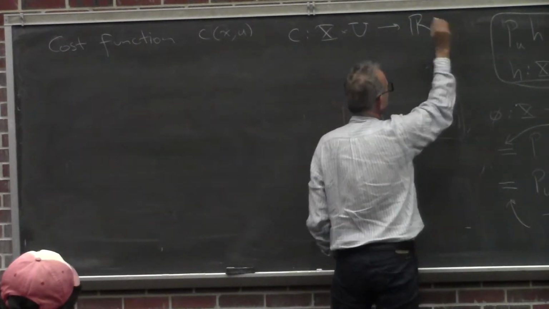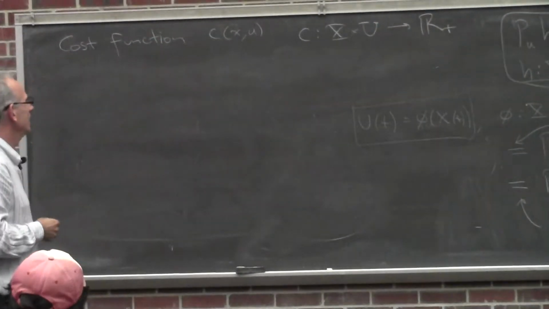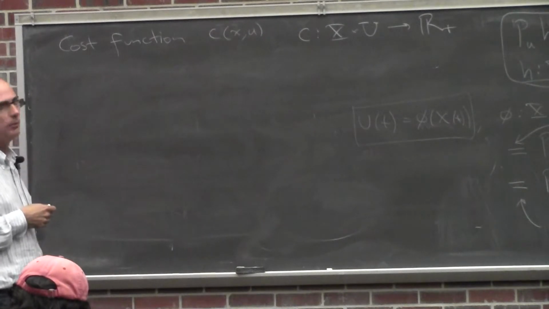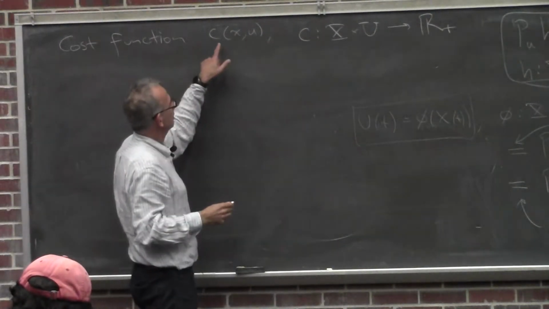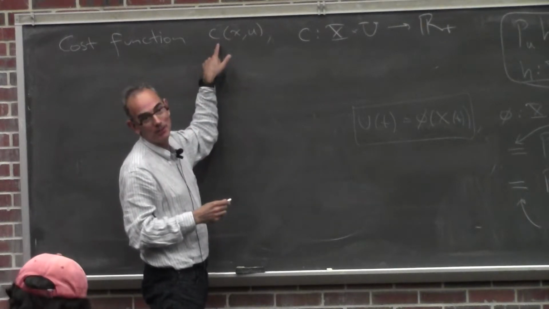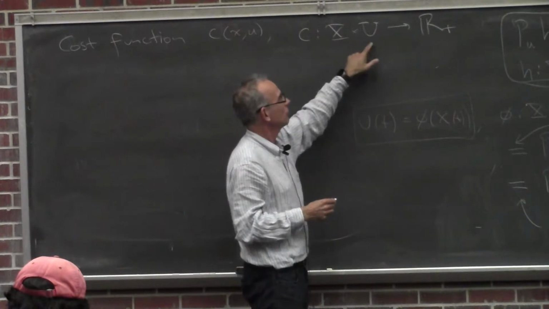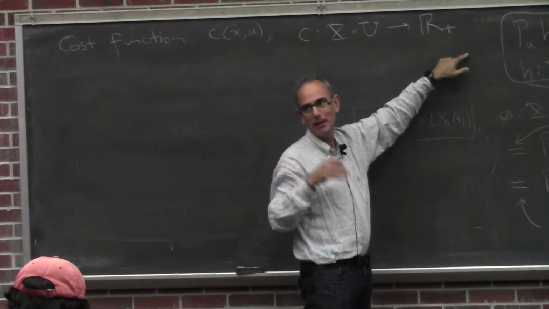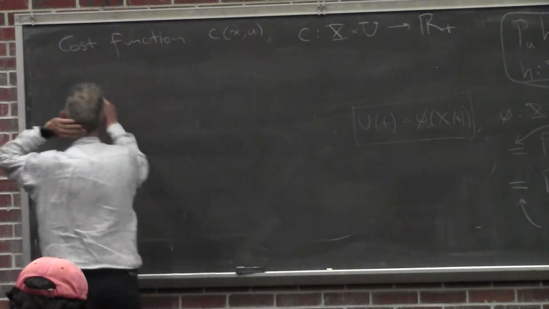I'm going to put the plus sign there, okay? So it's a positive value. It's a cost function. It's not really essential, but we'll assume that. It's a real-valued function of states and actions. Another way to say that is it maps x cross u to R, but we might as well make it non-negative.